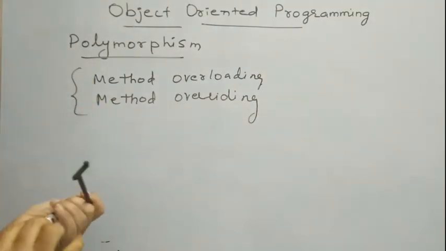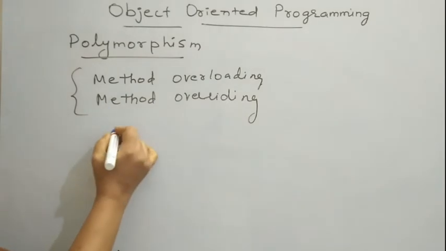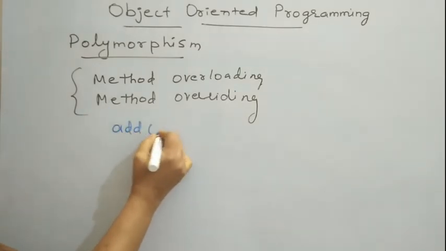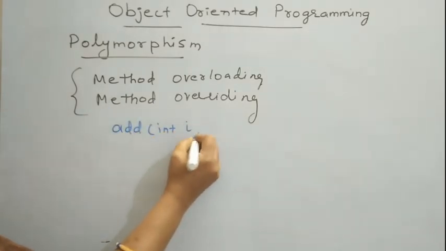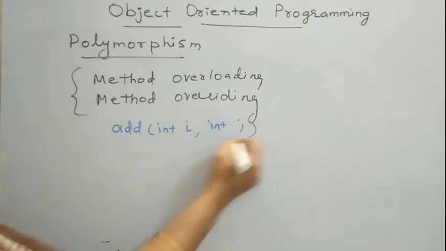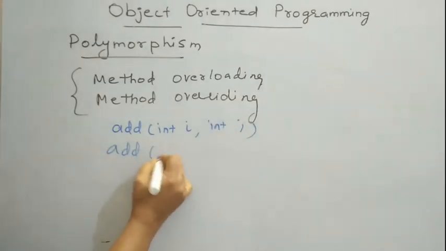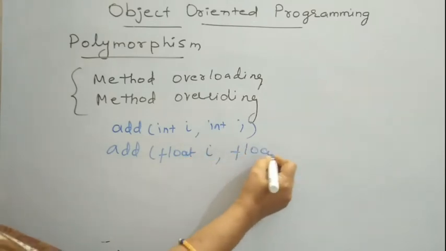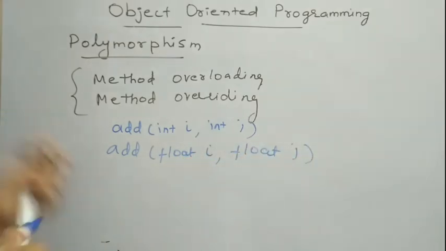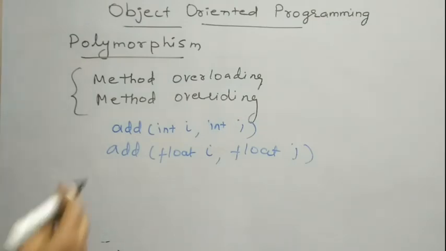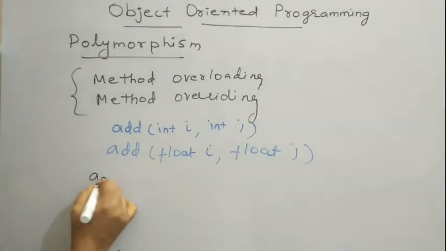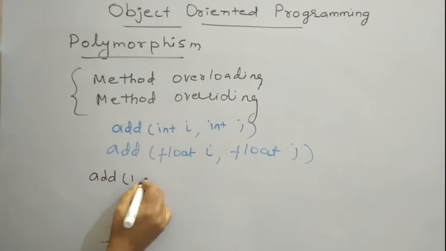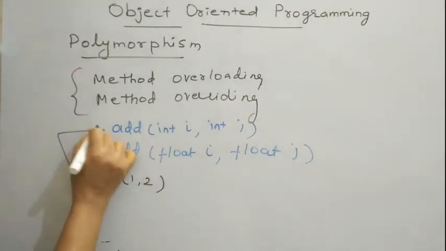For example, take these methods: add(int i, int j) and add(float i, float j). When this method is called by passing the parameters add(1, 2), the first method will be invoked.